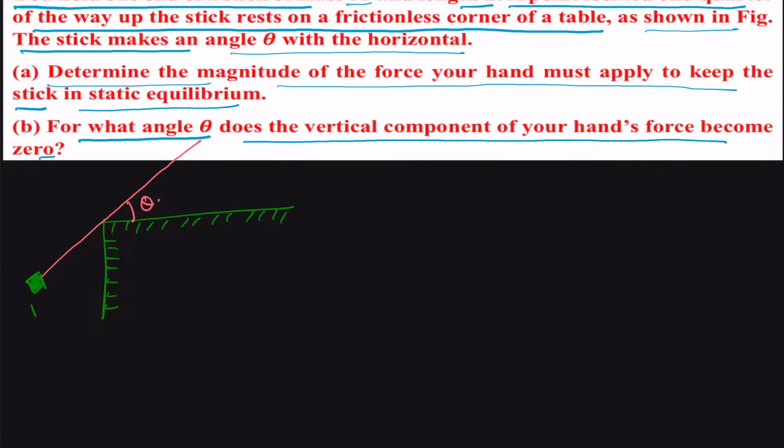Let us call this H, and let us call this S, and the total length is given as L. And it is also mentioned that this extended portion has a length of L by 4.